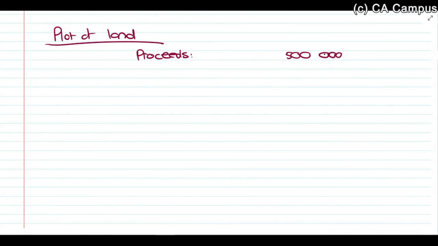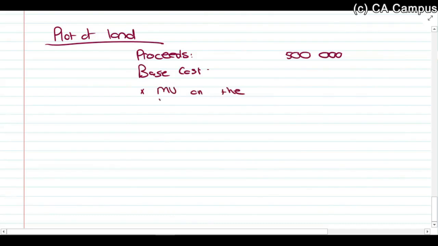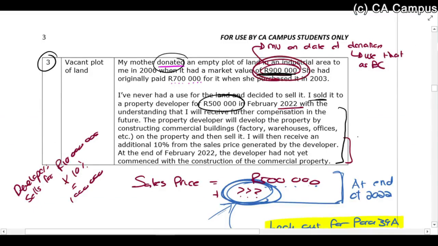So 500,000. What is the base cost? The base cost is the market value on the date of donation. And again, that's 900,000. If they said my spouse donated it to me, then you would have used the 700,000. That's that section 9HB rule.